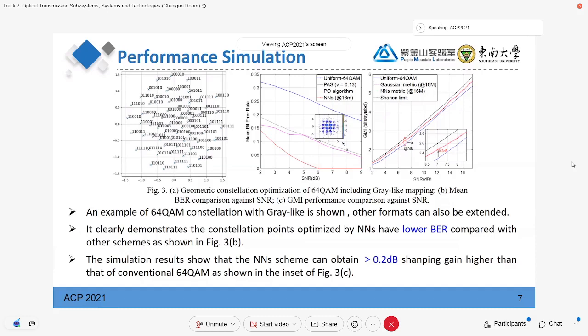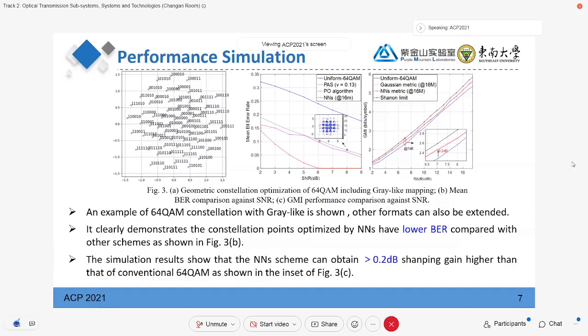We can see the PS and pairwise algorithm schemes can reduce the BER to some extent. The neural networks can outperform the other reference schemes.